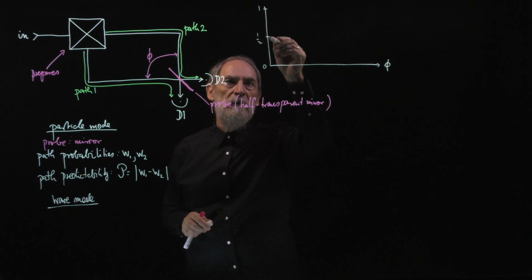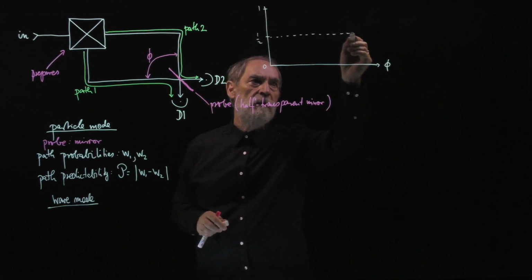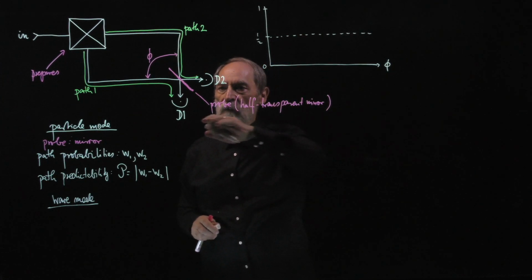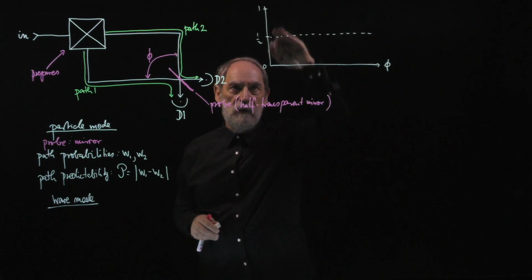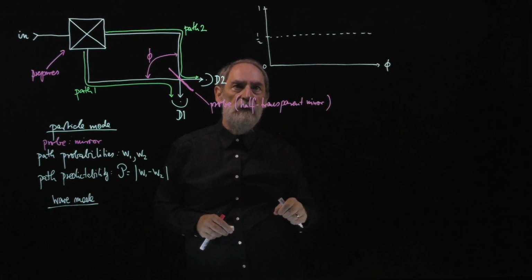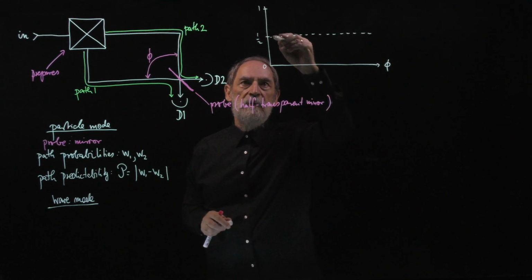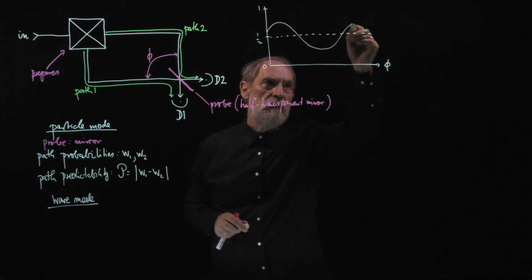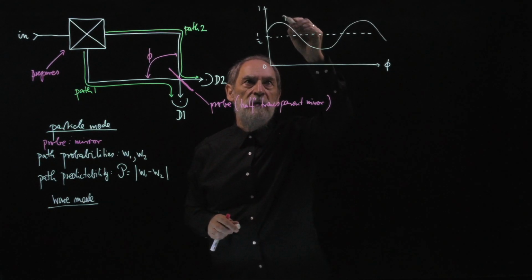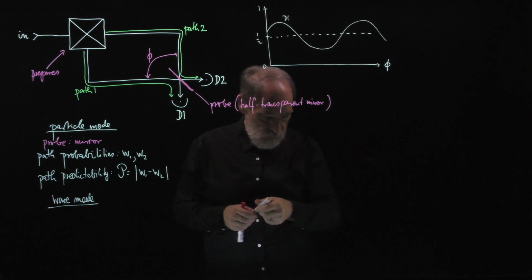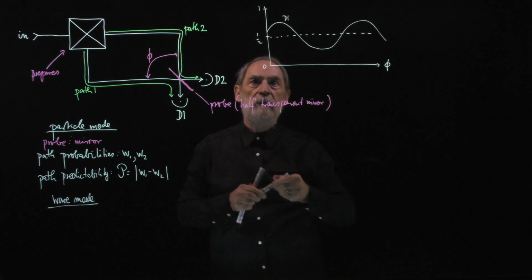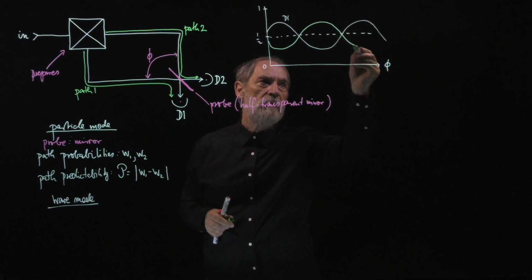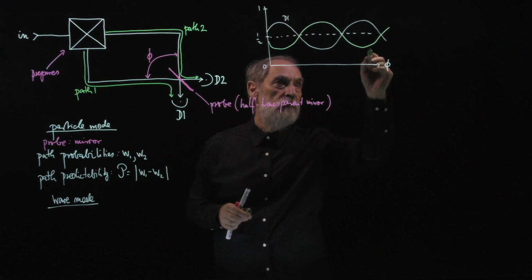A half is here, and then for a particular phi, we will have some values which are larger than a half, and for other phi's we will have values which are less than a half. So we could have a pattern that looks like this for detector 1, and a pattern that looks like this for detector 2.